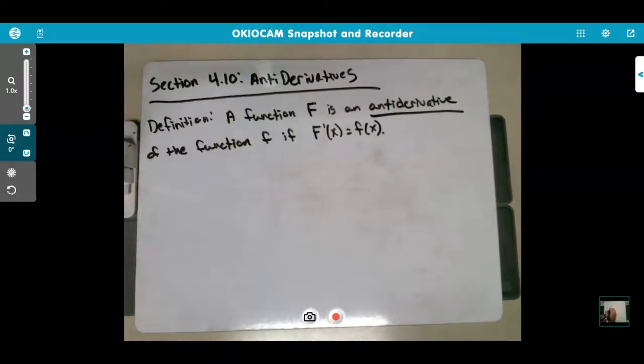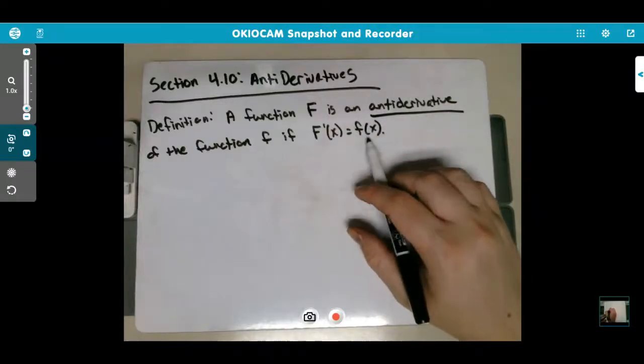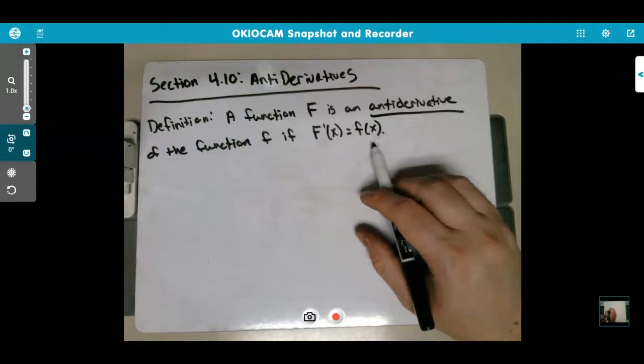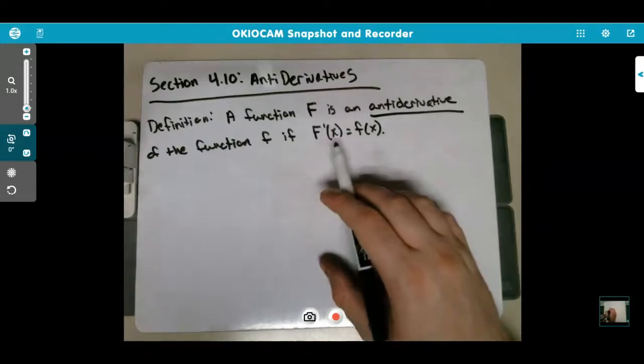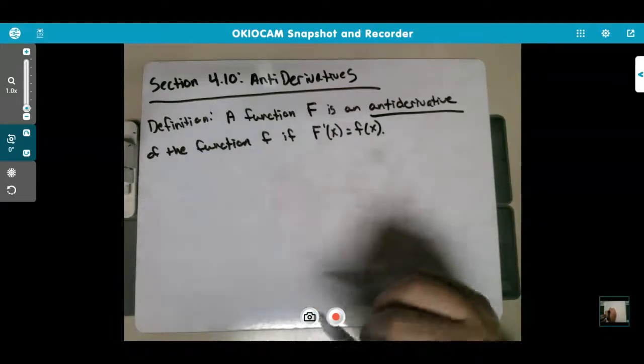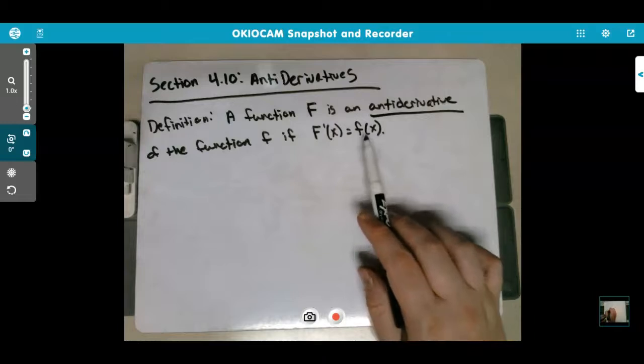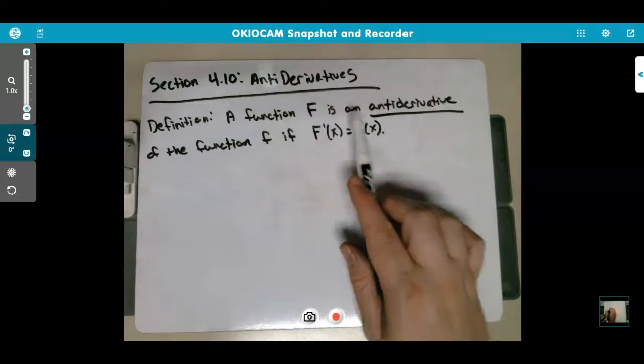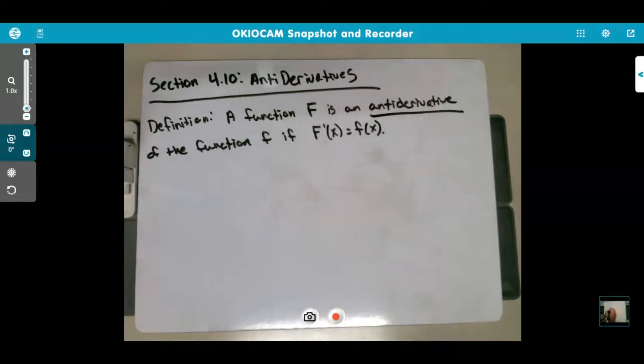So what this means is now I'm going to know what the derivative is, and I want to go backwards. Once again, I'm going to know what the derivative is, and I want to go backwards and see how I got there. That's what I want to do here.